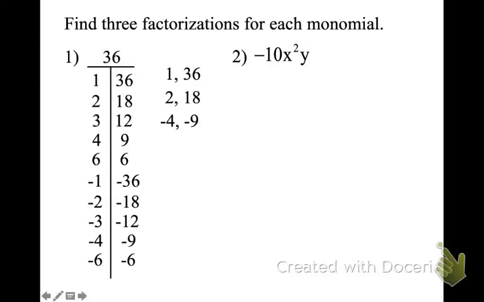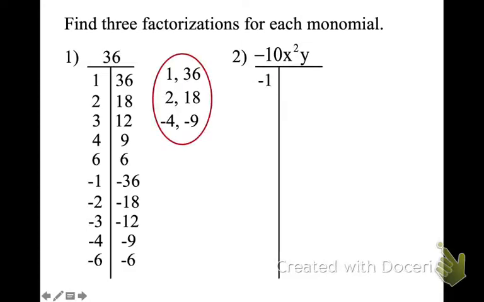Now, when you have variables, remember, you can break it up differently. So we can do -1 times this whole thing, 10x squared y, or I can do -2 times 5x squared y. And there's so many different ways to break this up. -5 times 2x squared y.